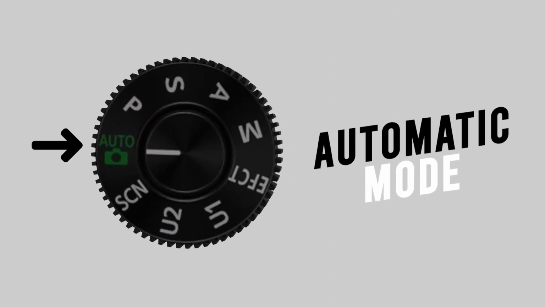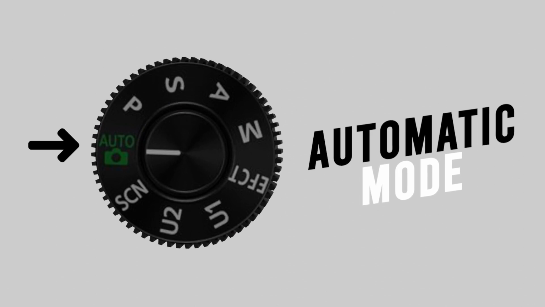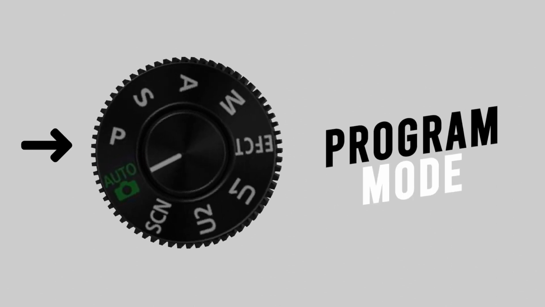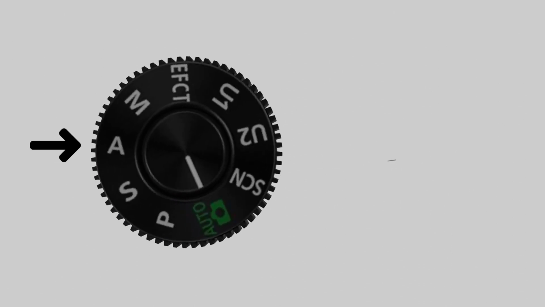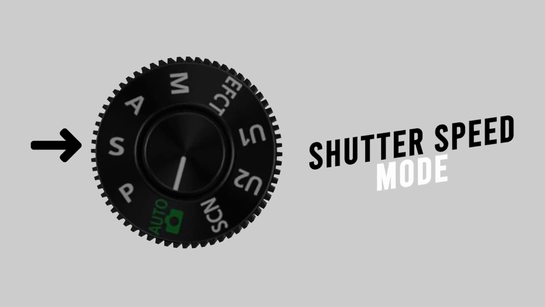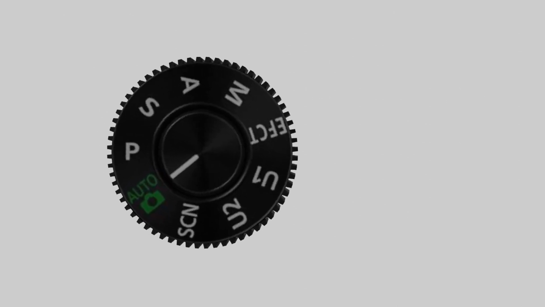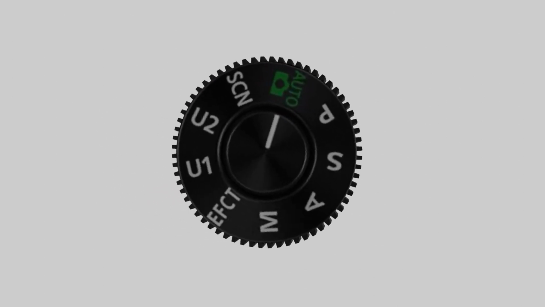There is nothing wrong with using auto mode when taking pictures, but sometimes auto mode gives default and automatic adjustments of your exposures. There is also program mode, aperture mode, and shutter speed mode, which control a specific exposure in the camera. So I highly recommend learning how to shoot in all camera modes.